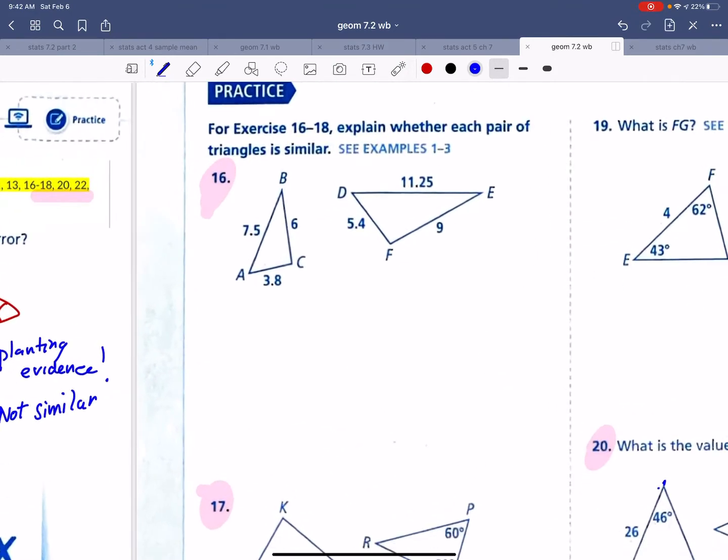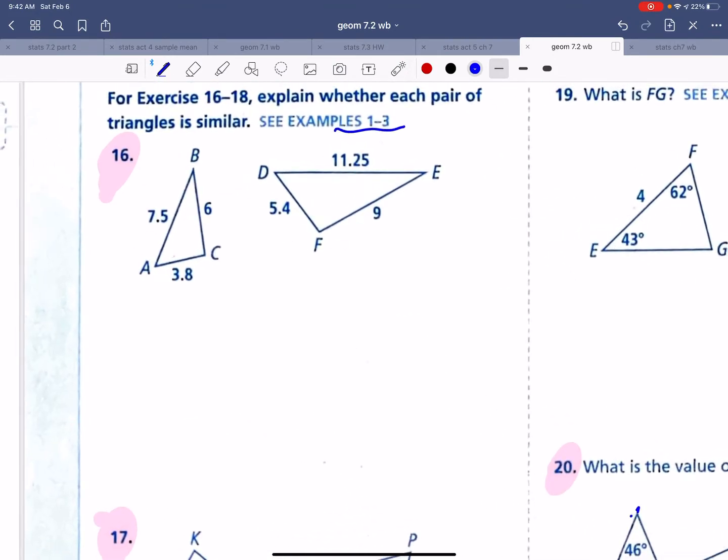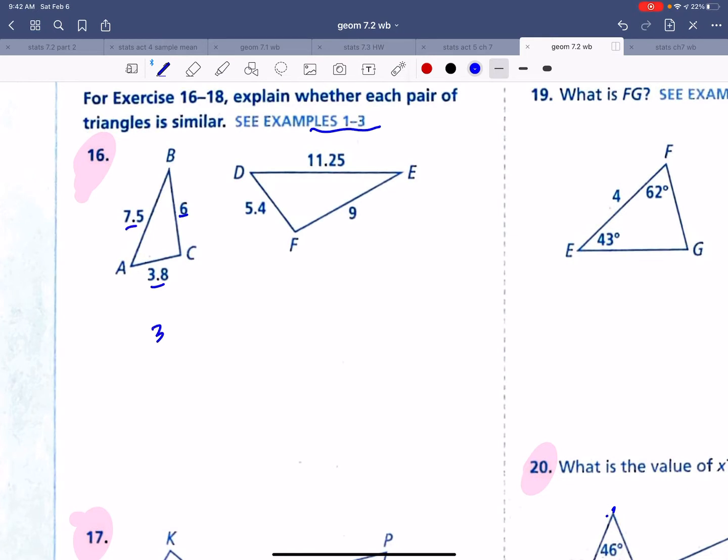All right, 16, 17, and 18 are like our example in our notes. So we notice they give us 3 sides and 3 sides here. So we'll order the sides least to greatest just to make sure we're writing them in corresponding patterns and order. 5.4, then 9, 11.25. So turning these into decimals, we get, and the decimal actually keeps going.